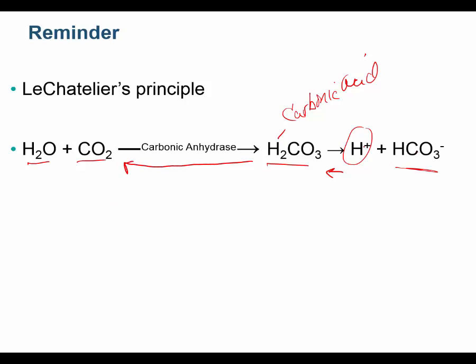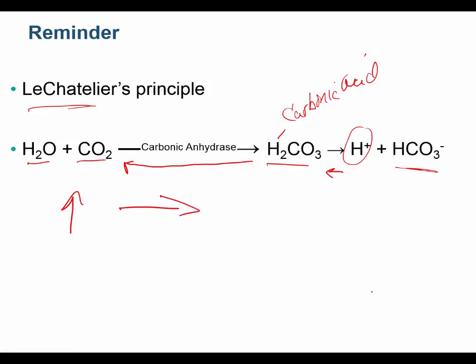That means bicarb and an acid can combine to make carbonic acid, and carbonic acid can dissociate into CO2 and water. Now I want to talk to you about Le Chatelier's principle, the law of mass action. If I increase my substrates, it drives the reaction to the right.